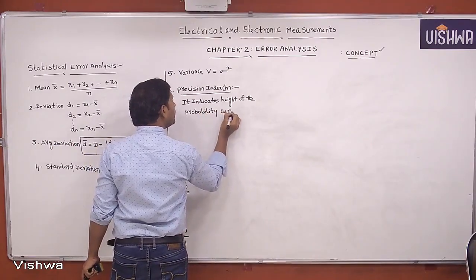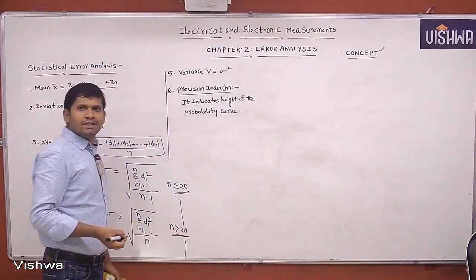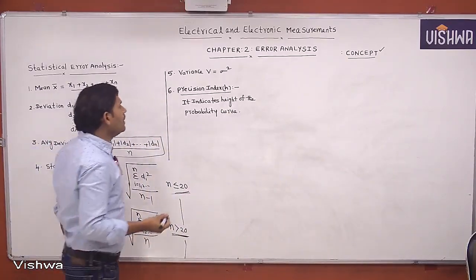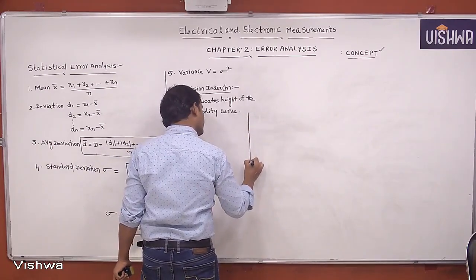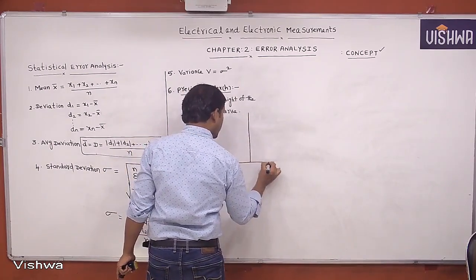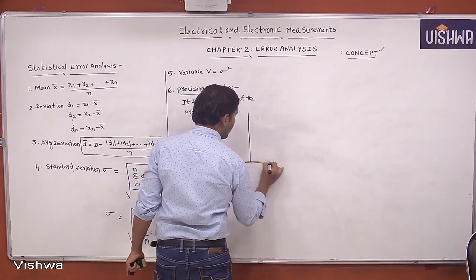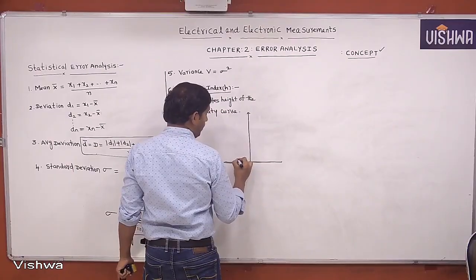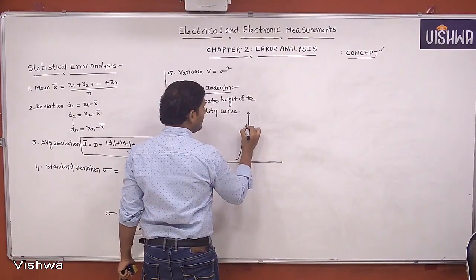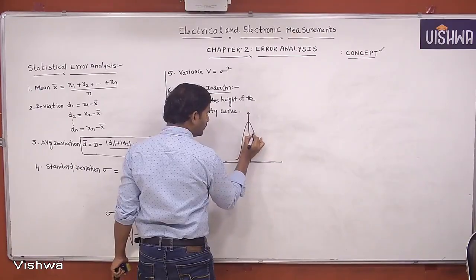That's why the precision index H indicates the height of the probability curve. That means if you draw the probability curve, about the central value, then the precision index H indicates the height of the probability curve.